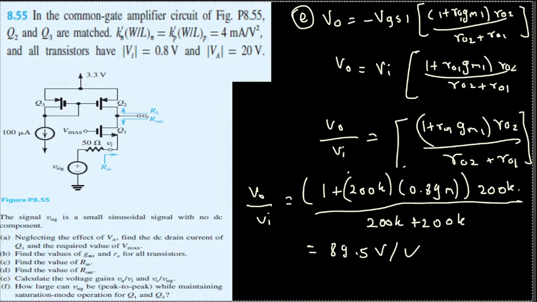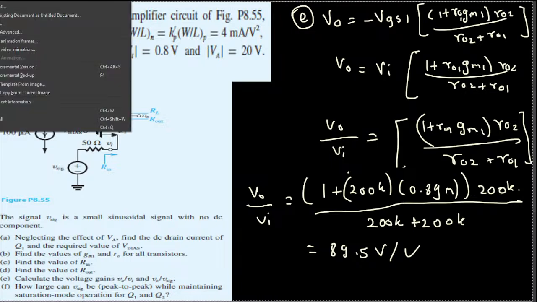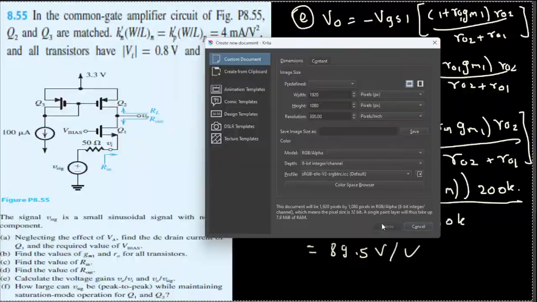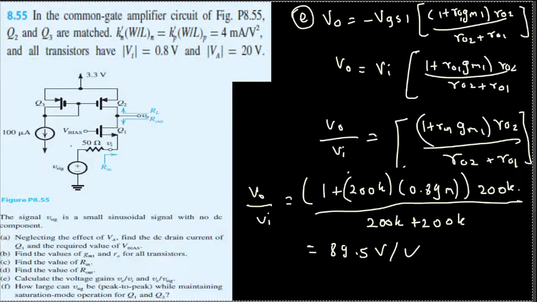Now they're also asking for VO over vsig. Let's look at the relationship. You can look at the hybrid pi model, which I did in part C, the equivalent model of this. In that one, you can clearly see RS and the input resistance Rin.